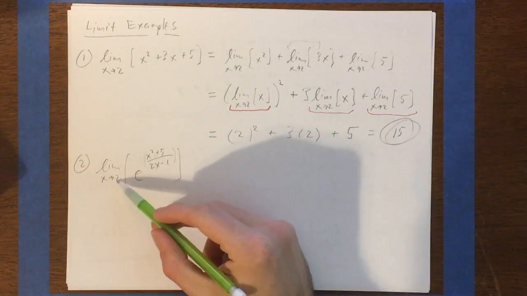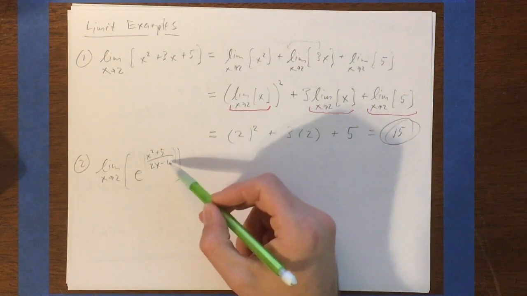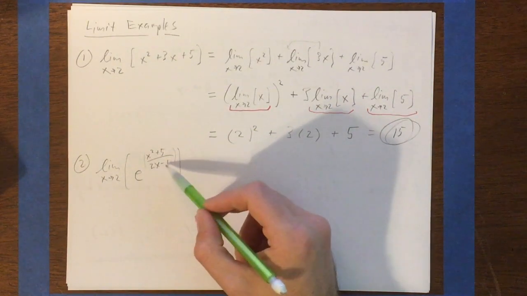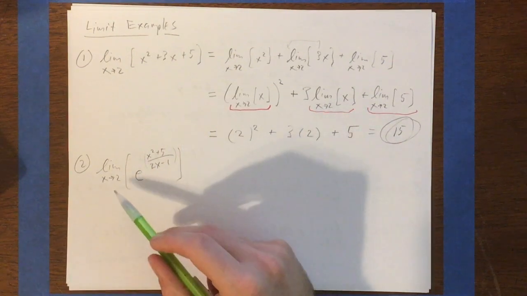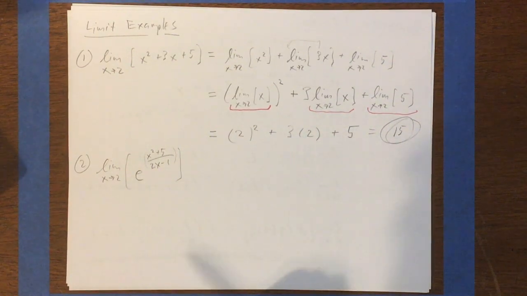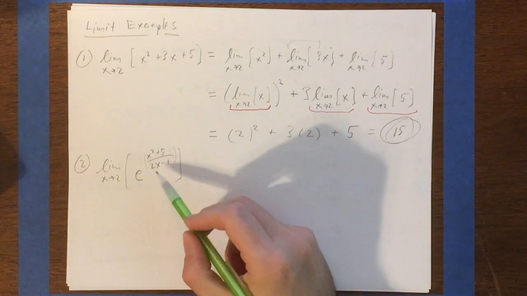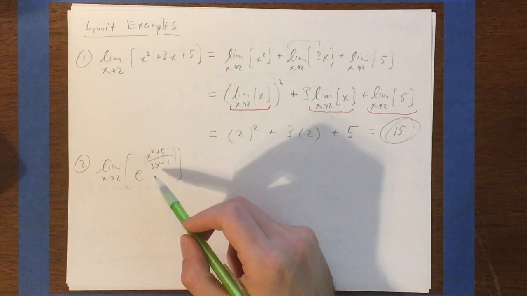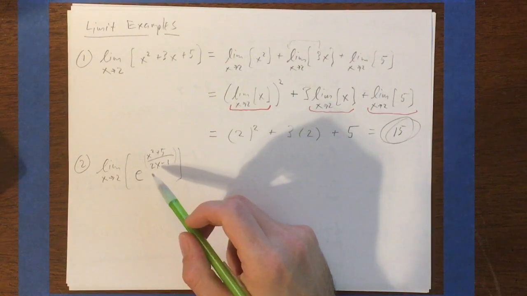As x approaches 2, the denominator is not going to be 0, so that means that 2 is in the domain of that rational function. And that means it's going to be continuous at 2, so we can evaluate the limit of the rational function by just applying direct substitution.